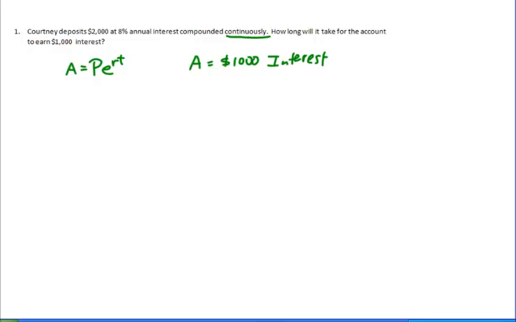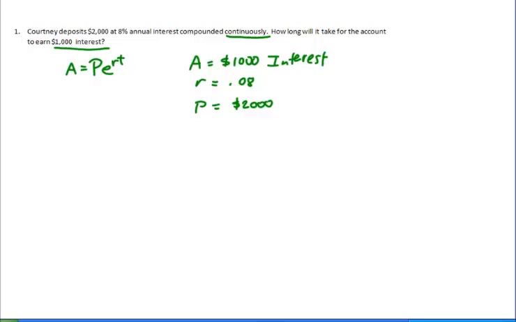Okay. The percent, the R, is 0.08 because we're going to need it as a decimal. And the initial deposit, the P, is 2,000. Okay. So the question is, how long will it take for the account to earn $1,000 interest?